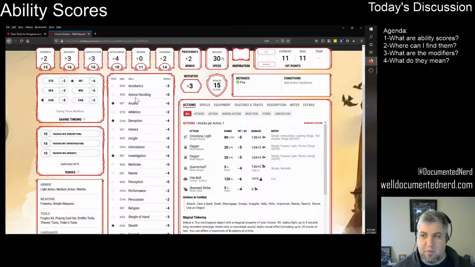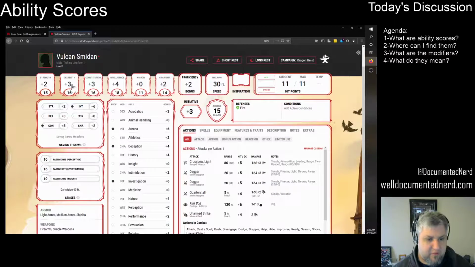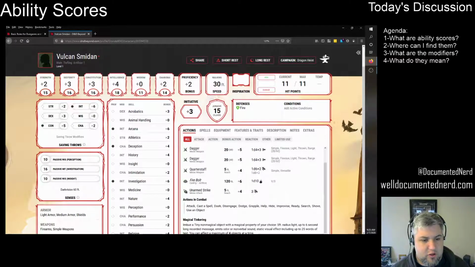The other thing worth mentioning that they impact is actually over here. As I mentioned before, these scores impact your ability to hit things, whether it's strength or dexterity. Now, you can see this in terms of the fact that I have chosen weapons I'm proficient with.